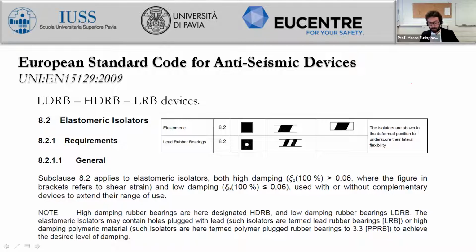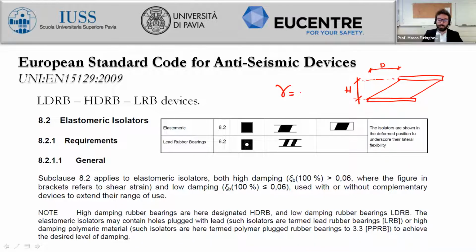It is the ratio between the applied displacement and the height of the rubber bearing. So this is the displacement, this is the height, the lateral shear strain is equal to the displacement over the height.